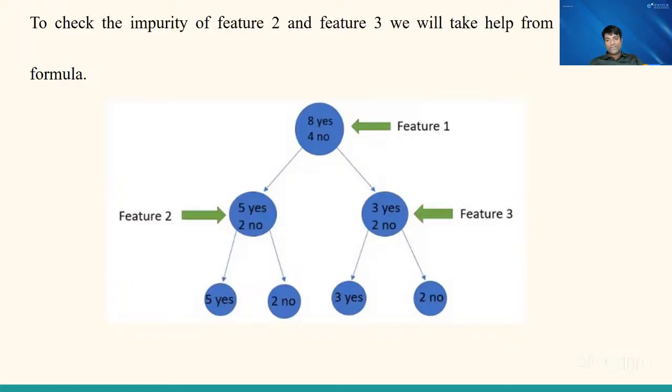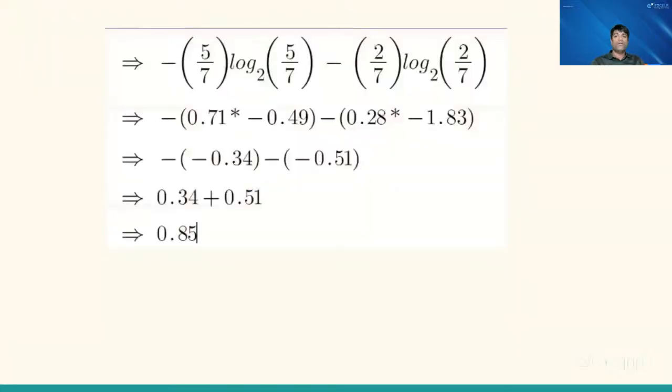For feature 2, it is actually 7 and 5, I guess; there's some printing mistake, maybe. Sorry, I didn't check. So here you can see it is 7 and 5, and the 5 is yes and 2 is no. Now, if you want to calculate this for the 5 and 2 feature, the formula will become like this.